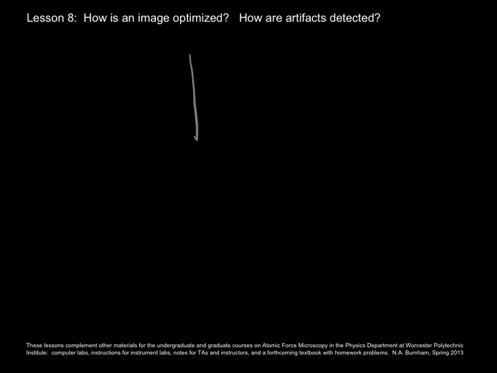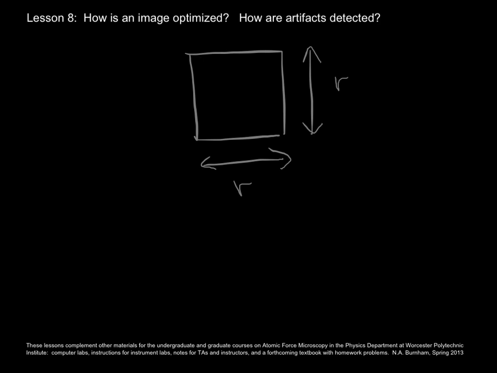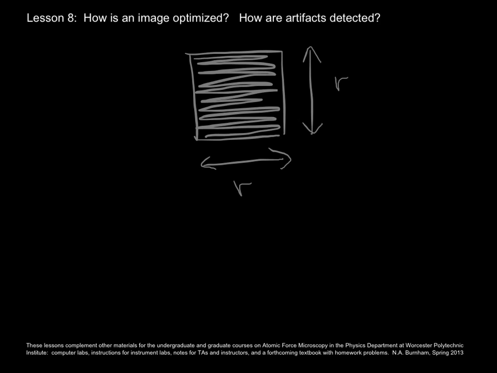You'll also set your scan parameters during the beginning of your AFM session. You'll set the scan range, that is, how far do you want the scanner to move, and you'll be setting the scan frequency, that is, how many times per second do you want the scanner to cycle back and forth. You should know some vocabulary here.